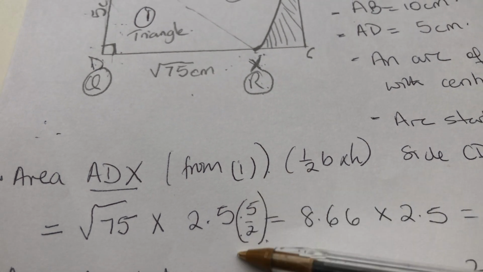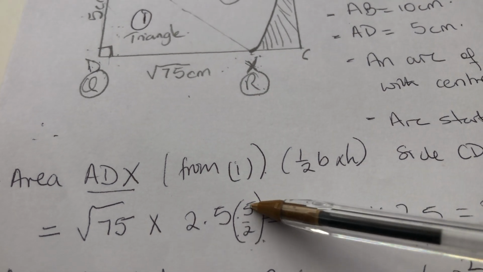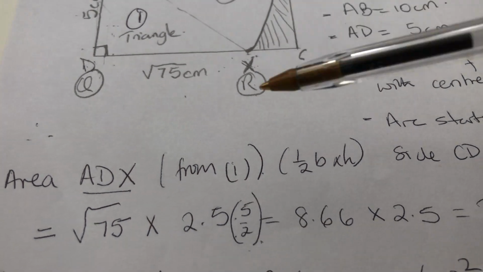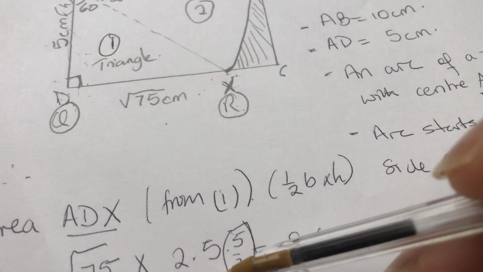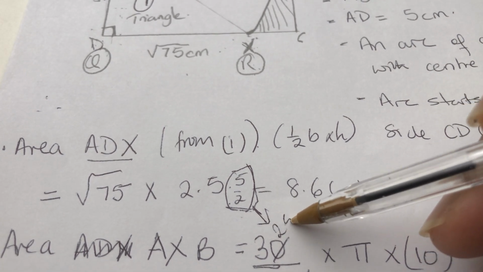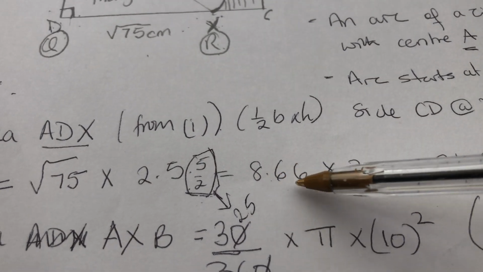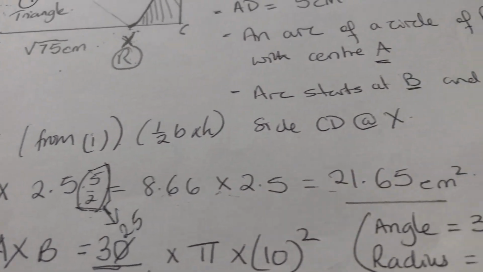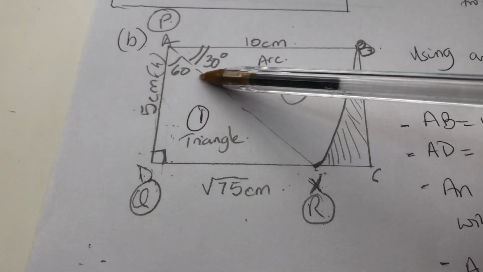So root of 75 times 2.5: root of 75 will give me 8.66, times 2.5, so it will be 21.65 centimeters squared. That will be this area here.